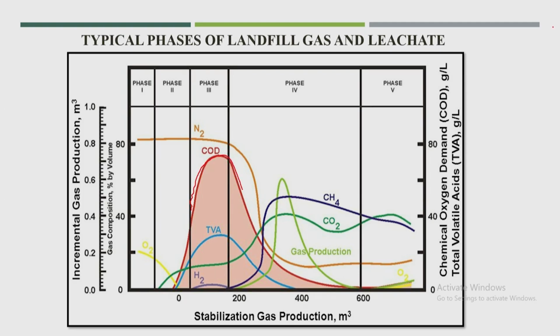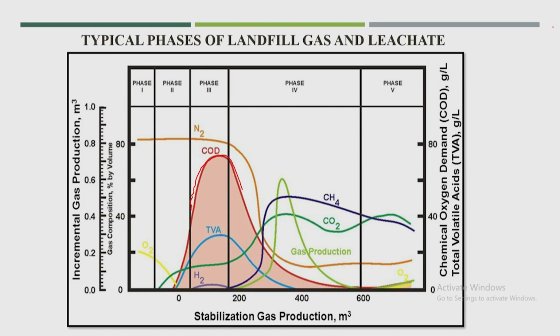Phase 1 is acclimatization, where the bacteria get acclimatized and the condition is still aerobic. Even phase 2 has some aerobic conditions, but mostly the entire condition is converted to anaerobic, and the fastest degradation of the biological waste in the landfill area is in phase 3.